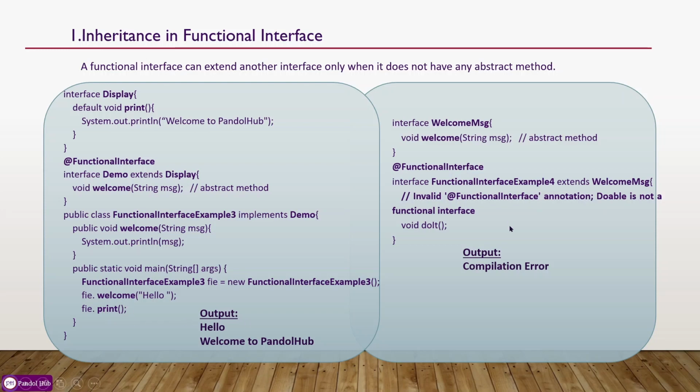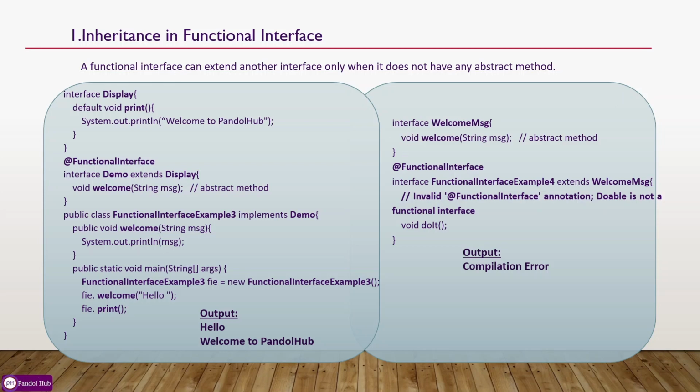So considering the second example here, I have an interface welcome message and I have an abstract method in it. Even though I don't mention an annotation as @FunctionalInterface, this is a functional interface internally.